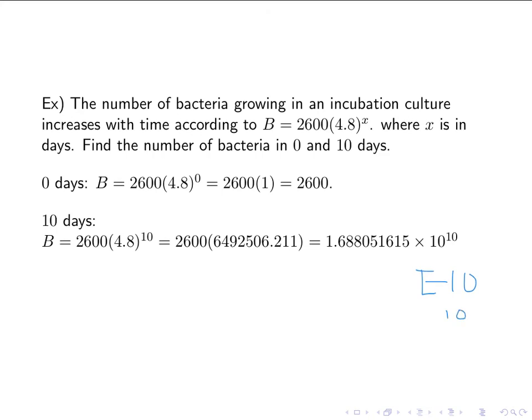This is a very large number, and if you remember scientific notation, that tells me I'm moving the decimal 10 places to the right. If I add in commas, I can make sense of it a little more: 16,880,516,150, a very large number.